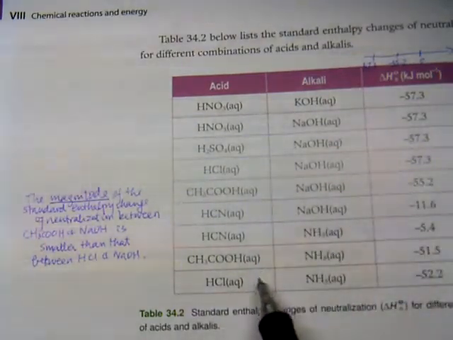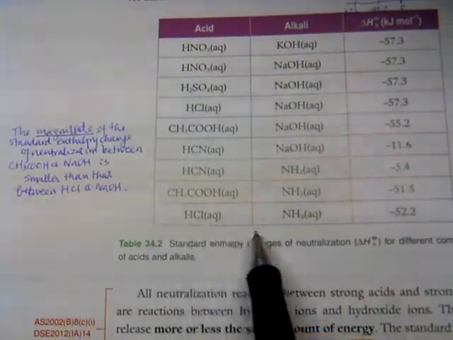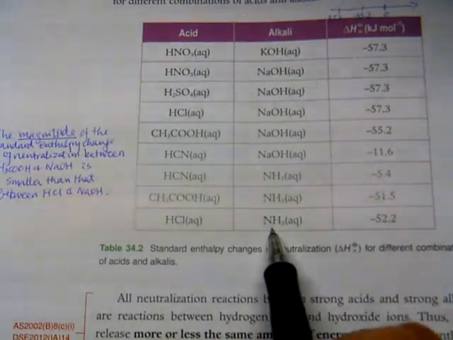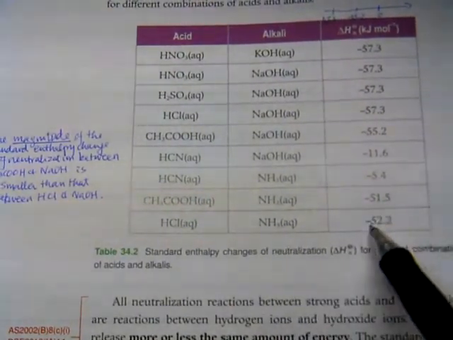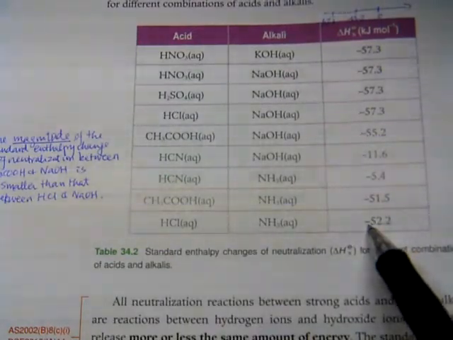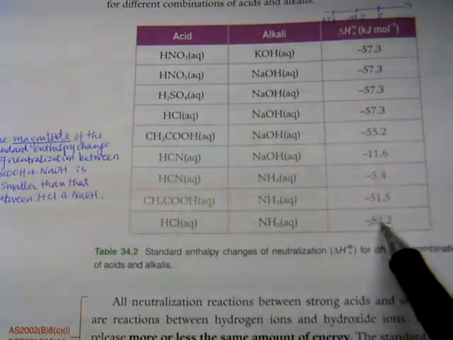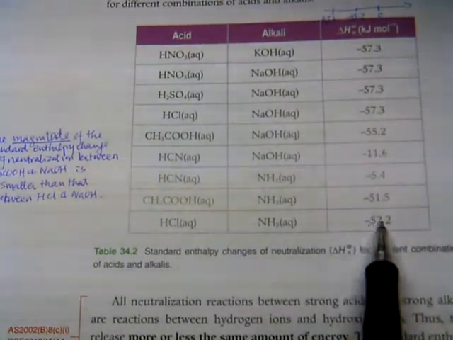Okay? And then here, let's look at the last one. HCl is a strong acid. Ammonia is a weak base. Let's look at the standard enthalpy change of neutralization. Again, the magnitude is smaller. Magnitude, we skip the negative sign, only talk about the number.